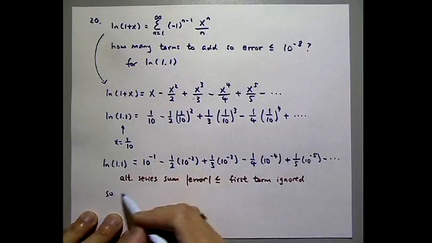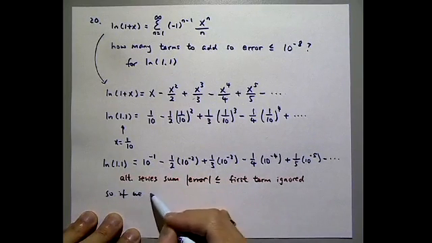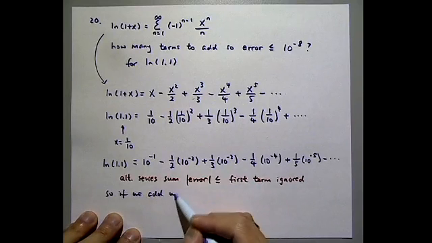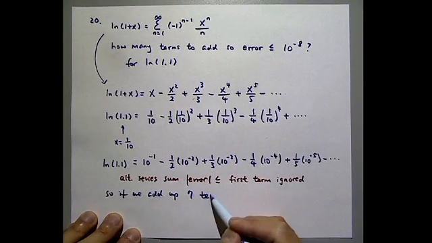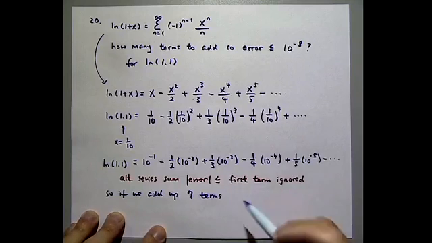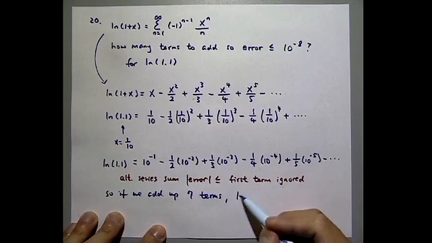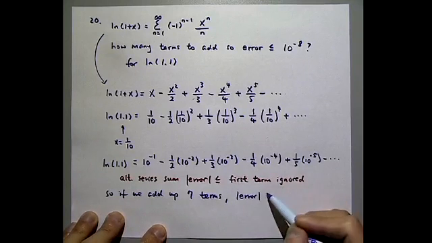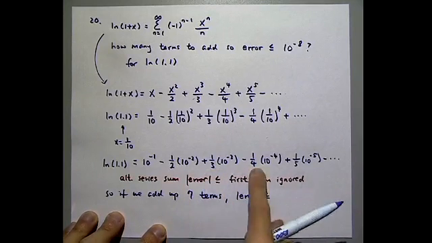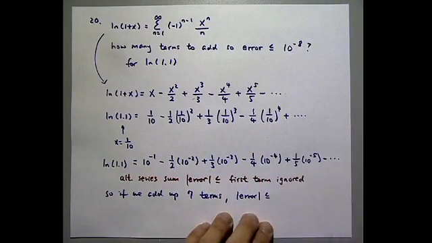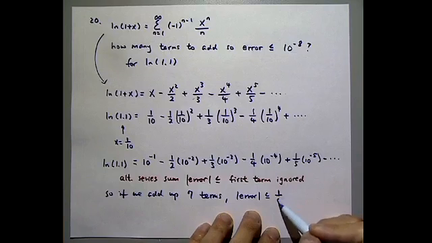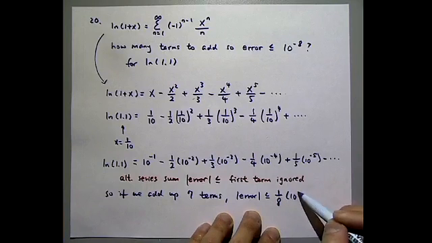In other words, if we add up 7 terms, then the error must be less than or equal to, look at the pattern here, 1 over 8 times 10 to the minus 8, right?